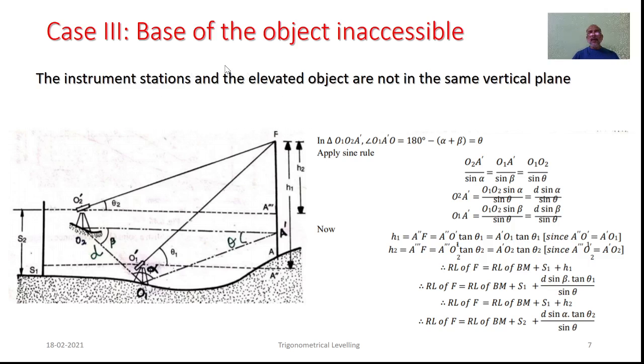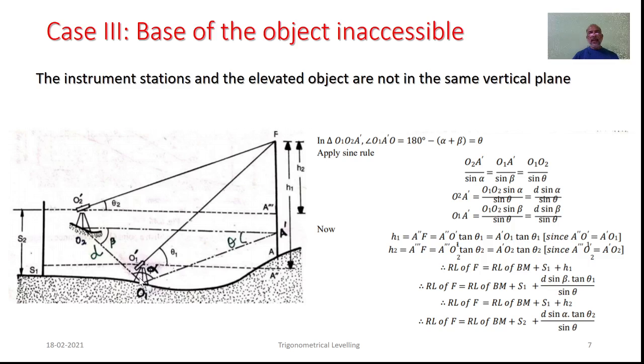Here, as you see, the base of the object is not accessible. As well, we are not keeping the equipment setup in the same vertical plane. Let's try to understand the procedure that we wish to follow.